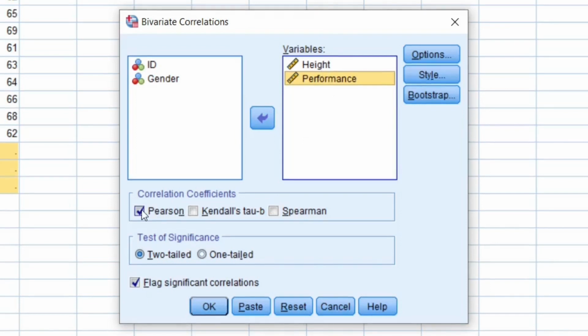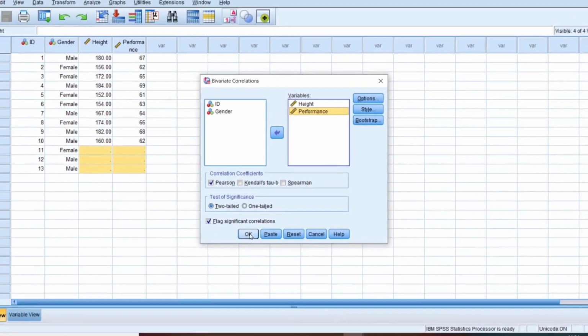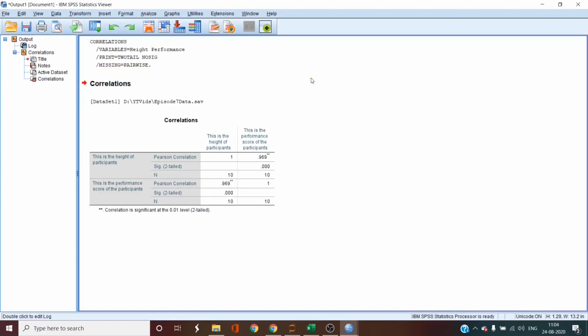Now let's keep Pearson checked as that is what we are computing, and let's keep it two-tailed in order to get a broader output. Let's also keep flag significant correlations checked for an easier understanding. Then you just have to click OK to run the analysis. The output window has popped up. The table that is being shown here is called the correlation matrix.